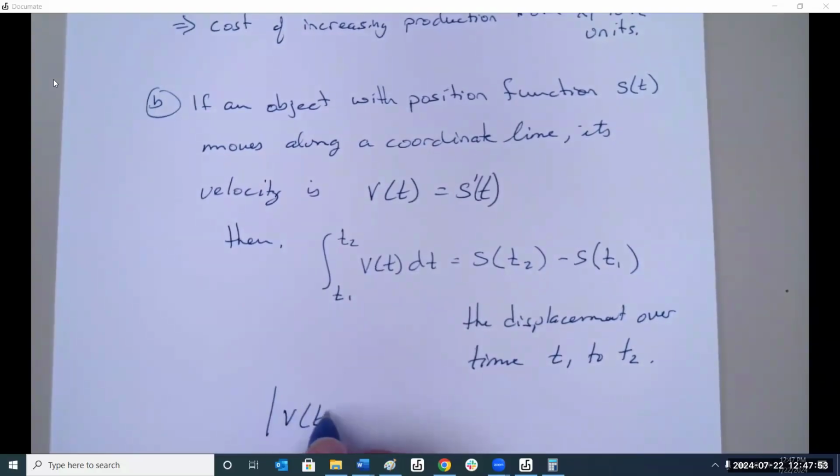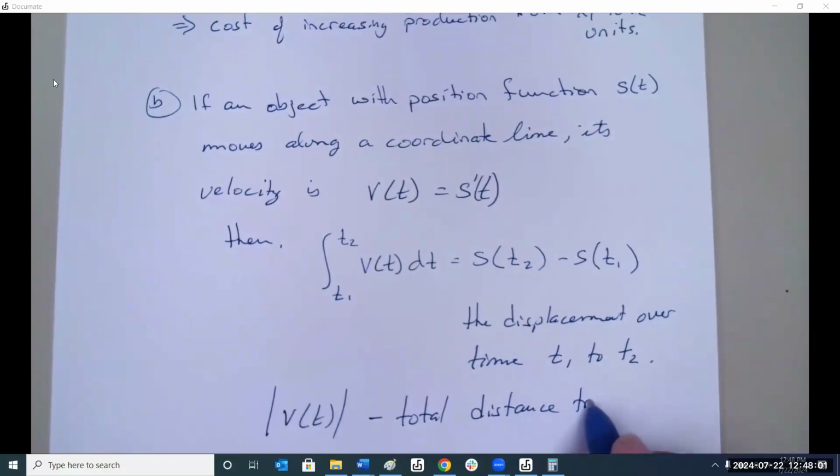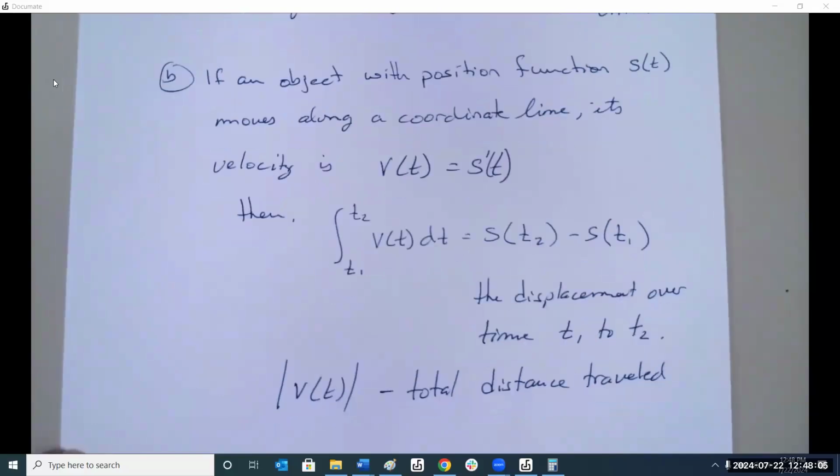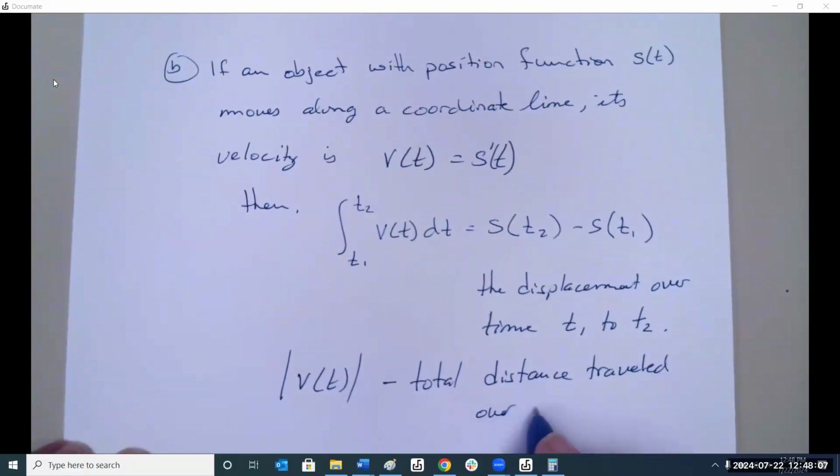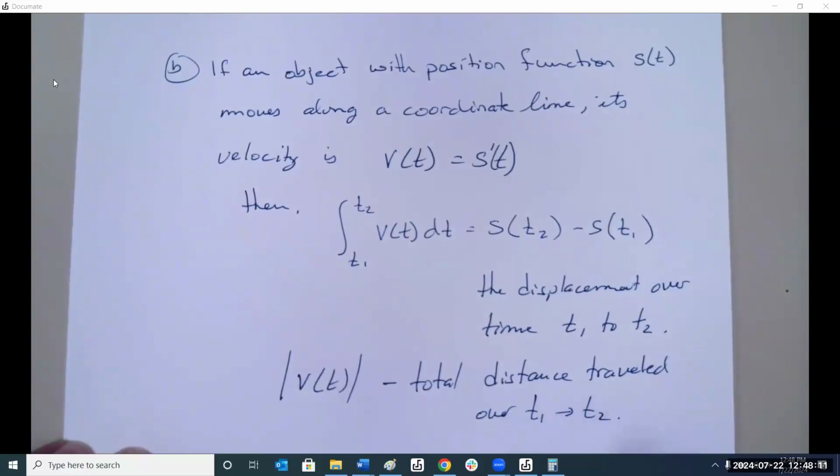And the absolute velocity is the total distance traveled over t1 to t2.